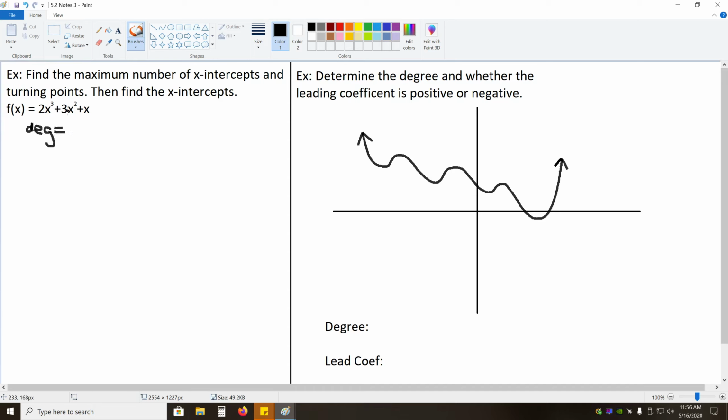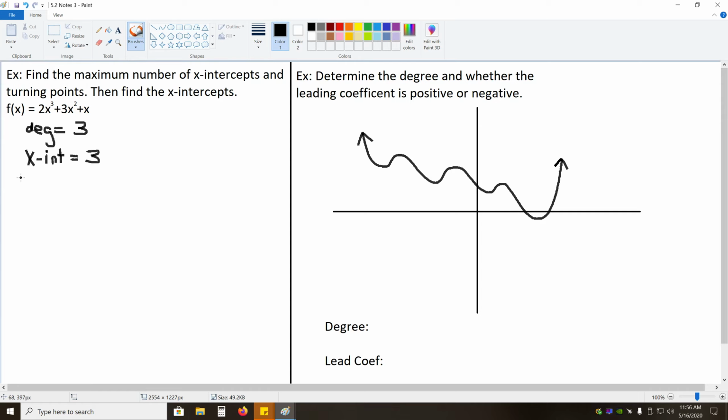The degree in this case is the largest exponent, which is just this 3. So that means in terms of x-intercepts, there are at most 3 x-intercepts. It's always at most equal to the degree.